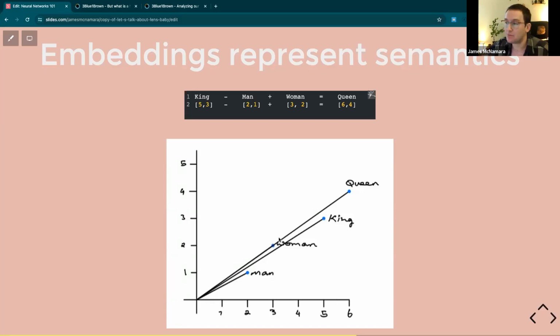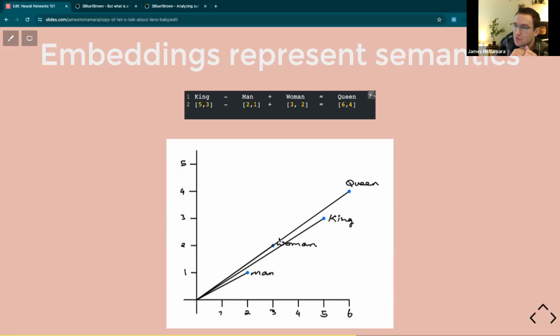And you got an output vector which was very close to the vector that represented the word queen. So the network, without being asked to, it was only really asked to predict the next word. But since it was so constrained, it learned how to represent the semantics of traditional gender in text.